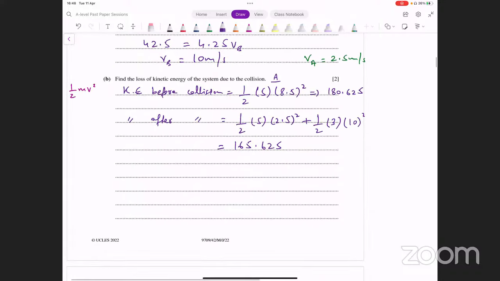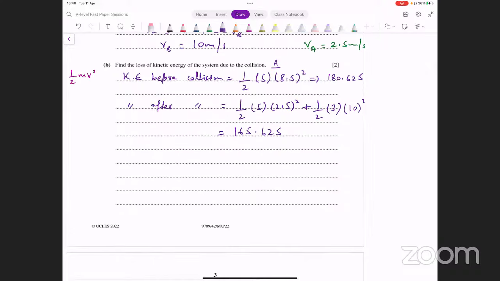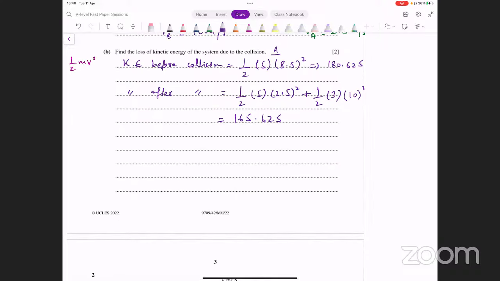All right. So we have the initial kinetic energy before collision and the kinetic energy after collision. Since we're looking for the loss in kinetic energy, we can just find their difference. Loss in kinetic energy, that is going to be 180.625 minus 165.625.